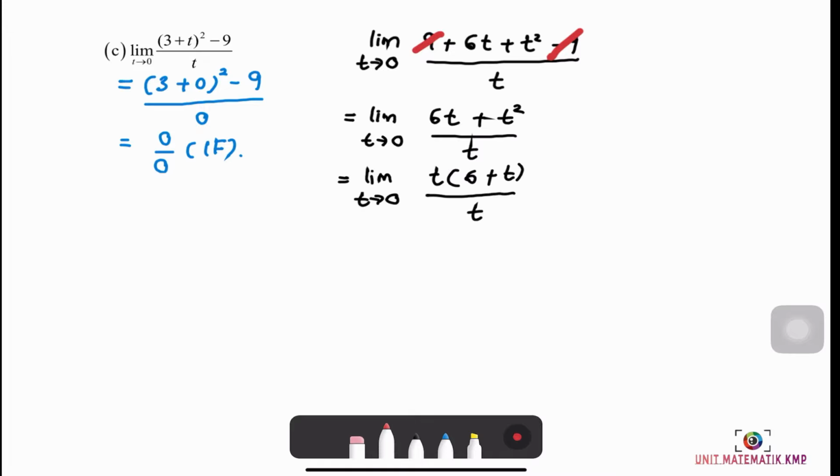Next we can cancel off this t and this t, so we have the limit of 6 plus t when t approaches 0. Next step, we substitute t equals 0. We have 6 plus 0, so the final answer should be 6.